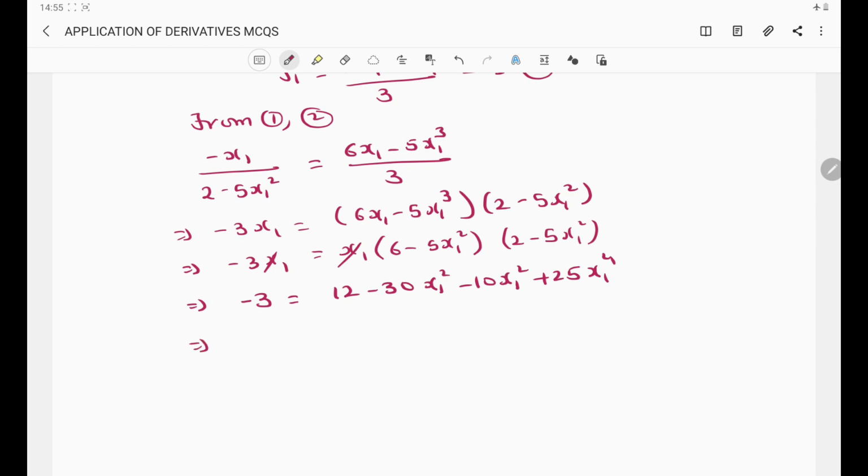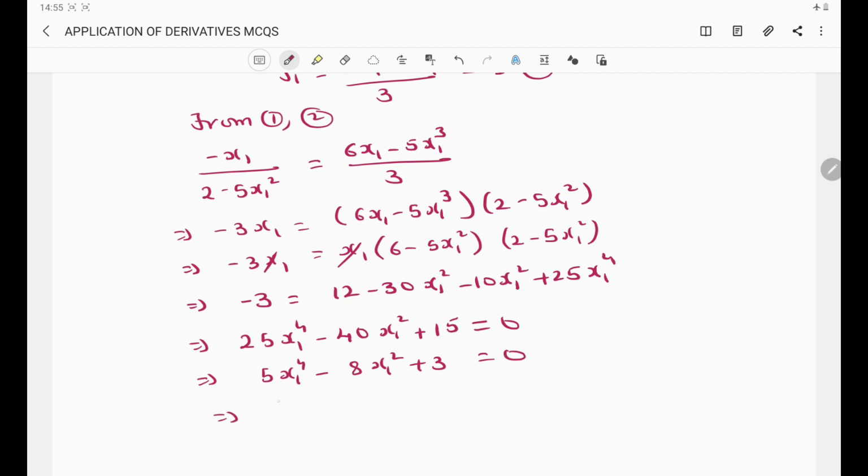So on rearranging the terms, we get 25x1 to the power of 4 minus 40x1 square, 12 plus 3 is 15, is equal to 0. So now we can divide throughout by 5, so we get 5x1 power 4 minus 8x1 square plus 3 is equal to 0.